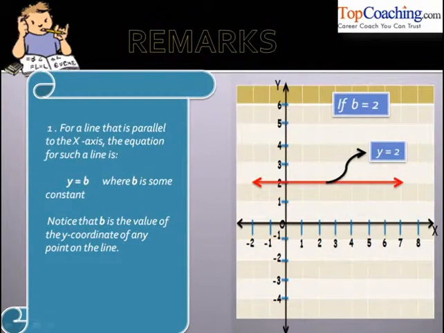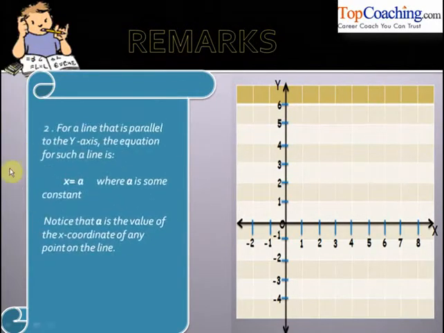Because of that, this line is parallel to the x-axis and is at a distance of 2 units from it. So in general, we can say that any line that is parallel to the x-axis has the equation of the form y equal to b. Here b is a constant. Also b represents the y coordinate of every point on this line.